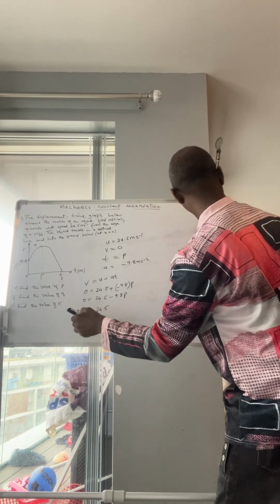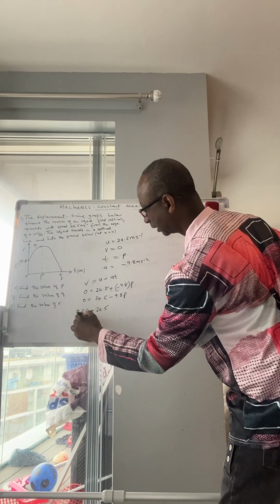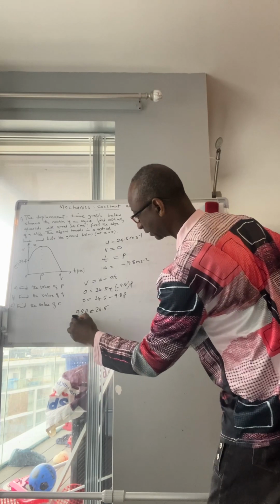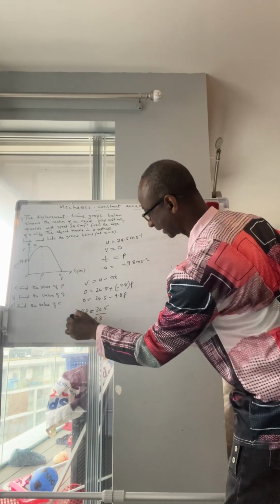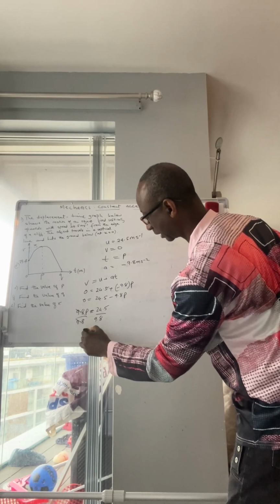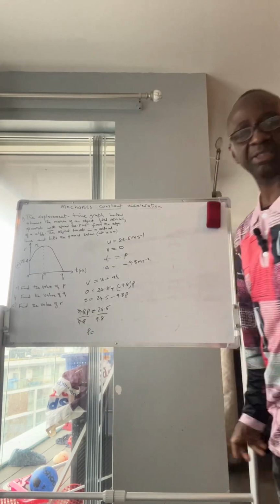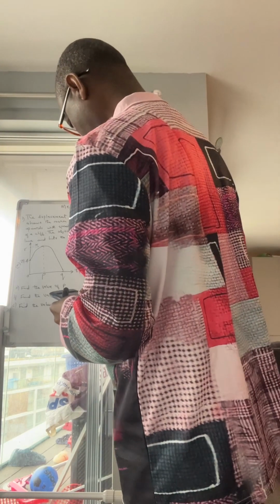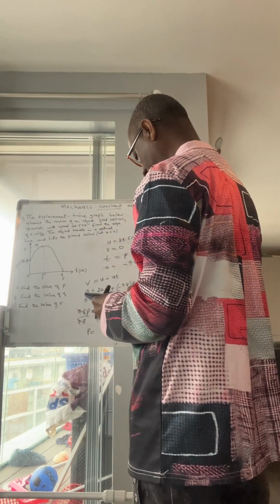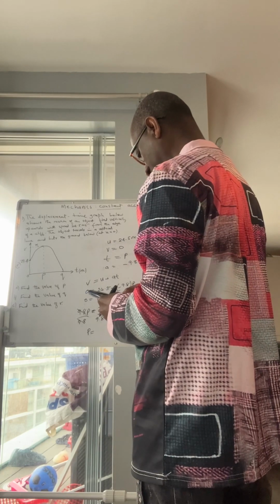Divide throughout by 9.8 to get p, so this cancels. It's going to be p equals 24.5 over 9.8. Let's use our calculator. 24.5 divided by 9.8.